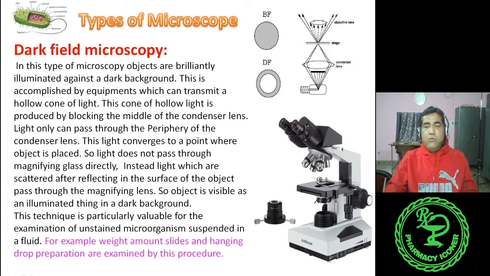Now, I will give one example for this purpose. You cannot view the moon in the daytime. Though it is there, you cannot view it. But at night, you can view it. Why?